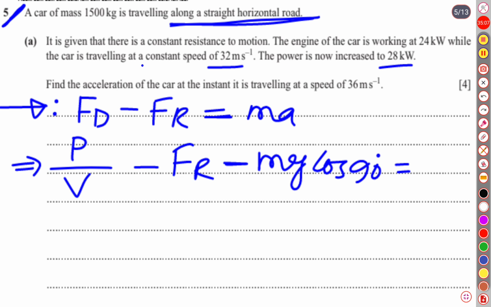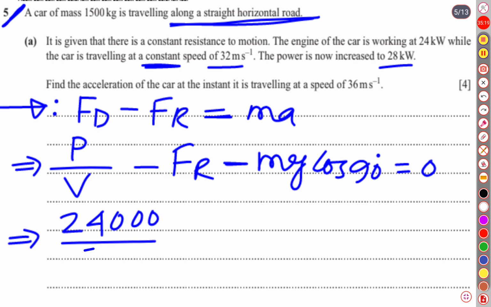Look at this, constant speed, so acceleration is zero. Then power is given as 24 kilowatts, so 24,000, and velocity is 32. The driving force minus the frictional force is equal to zero, and cos 90 is 0, so adding and subtracting 0 causes no change to the quantity.